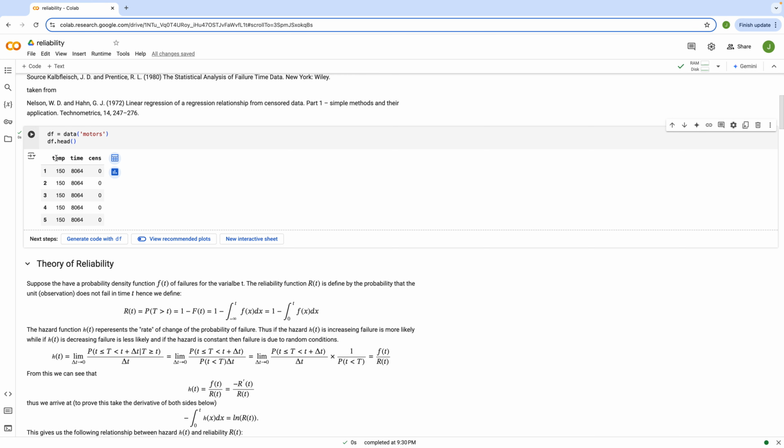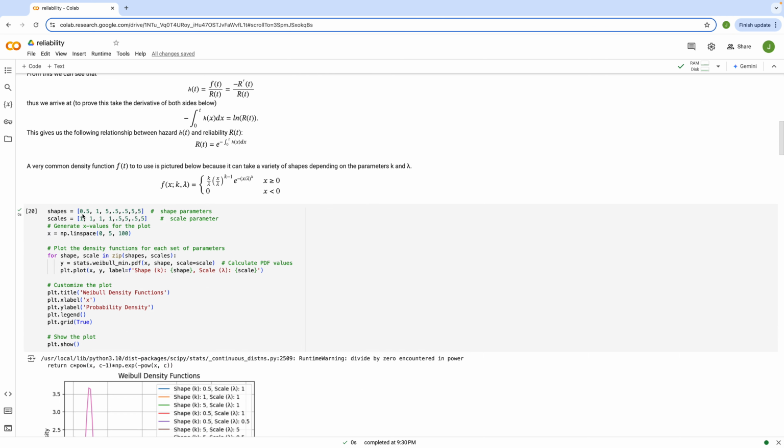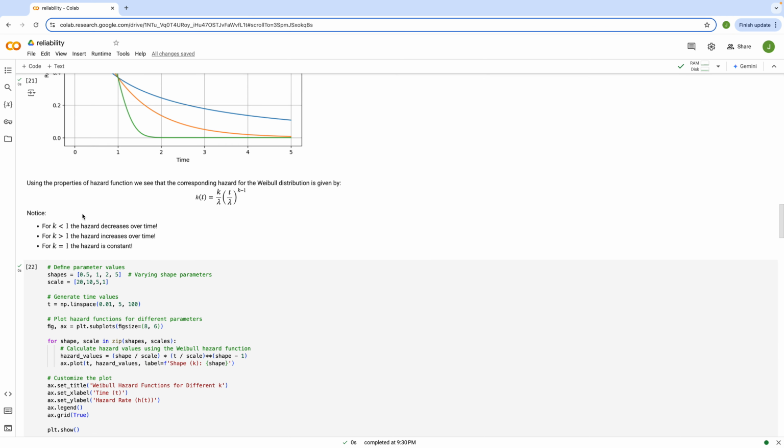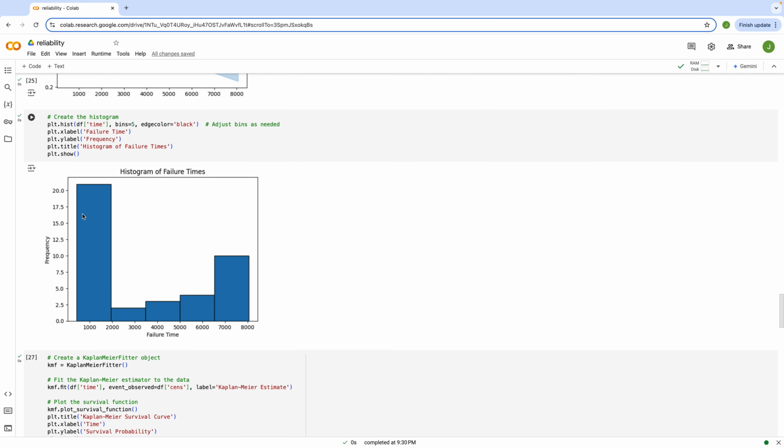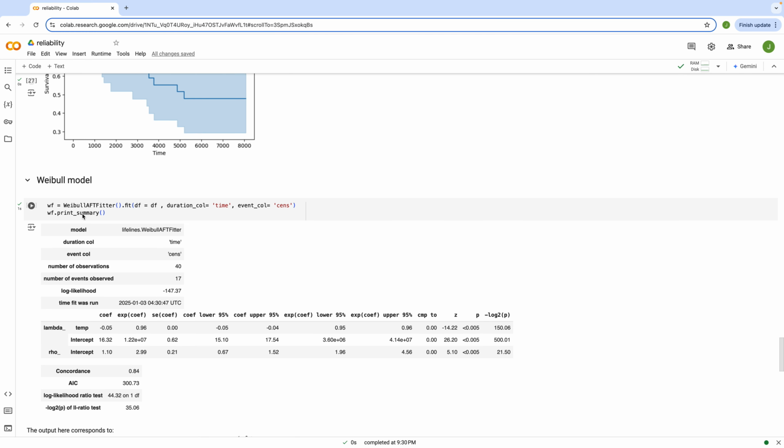The question is, how does temperature affect the failure time? This is a Weibull model that takes into account the variable temperature, so we're considering the effect of temperature on failure times.